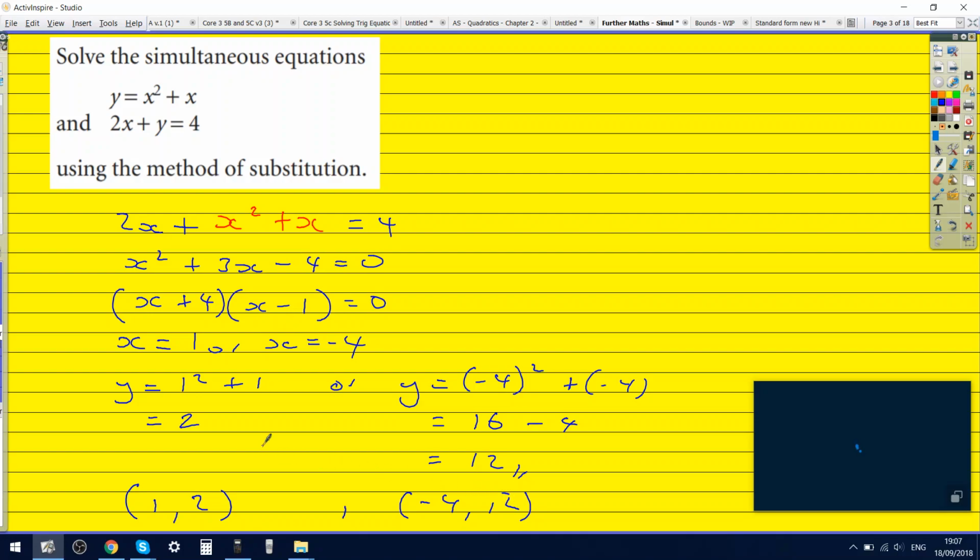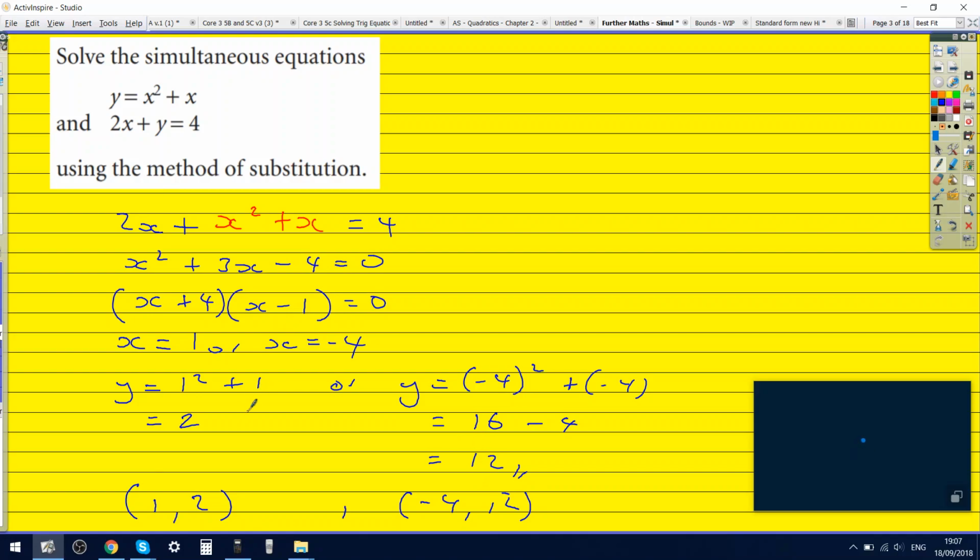Would they cross over at 1, 12? Yeah, because if they're going to pass through 1, 2 and minus 4, 12, they're going to cross at that point. No. What I was illustrating is when x is 1, y is 2, or when x is minus 4, y is 12, but they don't work the other way.